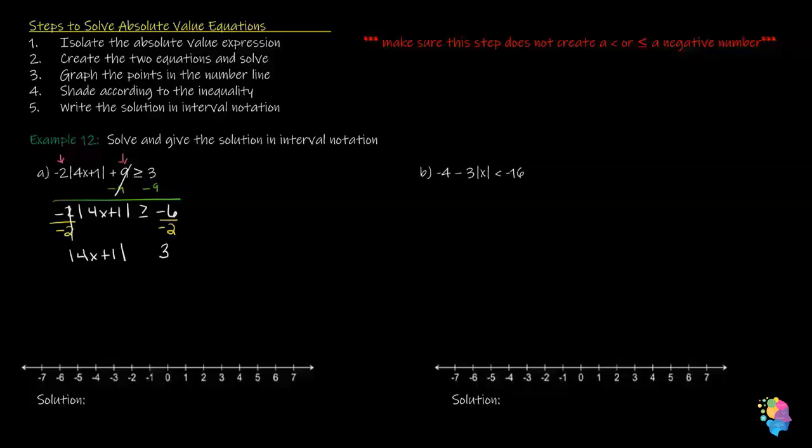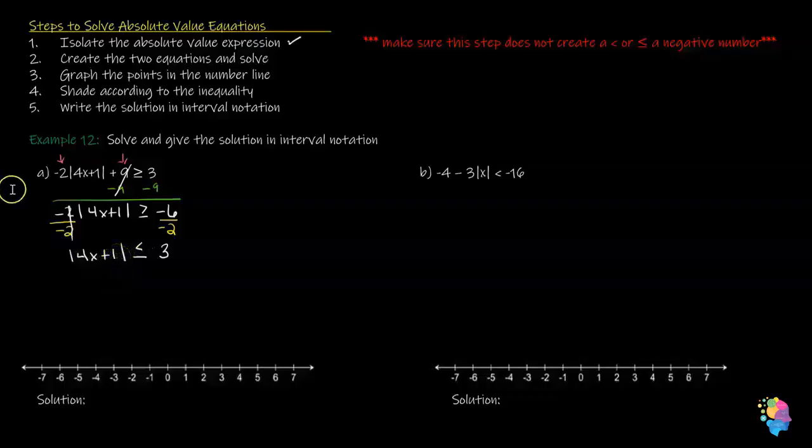However, we have to be very careful here because we divided by a negative number and we are dealing with inequalities. When we divide by a negative number, remember we need to flip that inequality. All right, so now we have isolated the absolute value. The absolute value is on the left side of that inequality and there isn't anything else outside of the absolute value. Perfect. Step 1 has been completed.